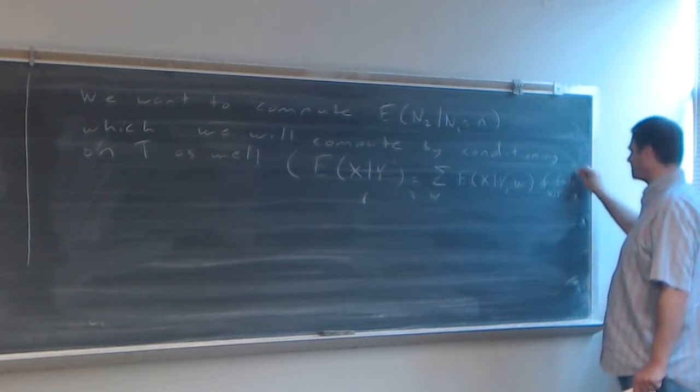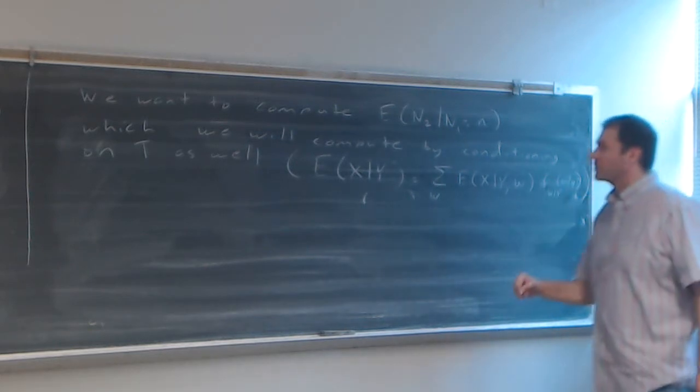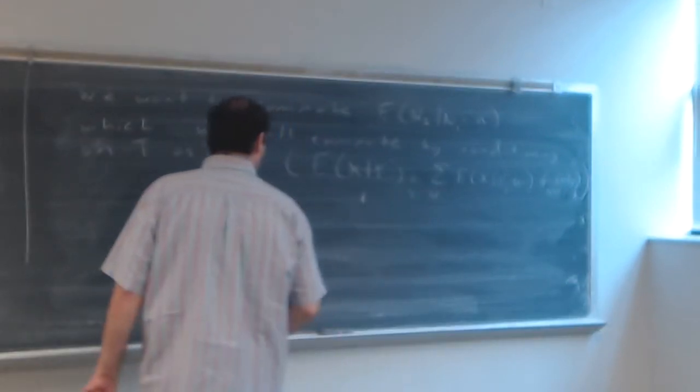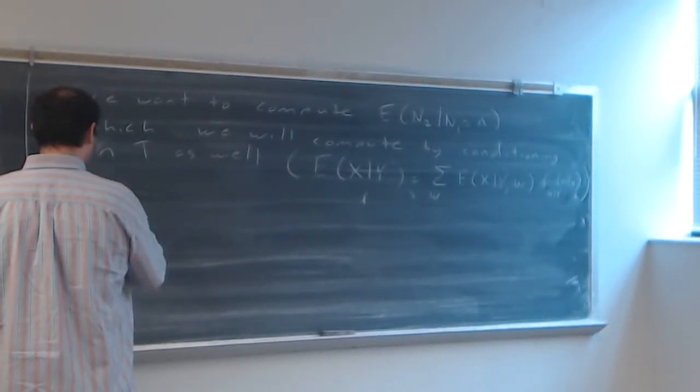So that's the formula I'm going to use, and T is playing the role of W, X is the role of N sub 2, and Y is the role of N sub 1.